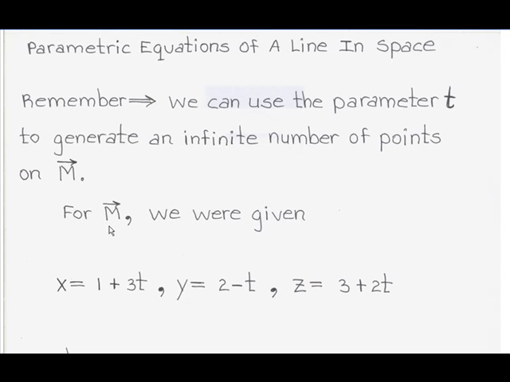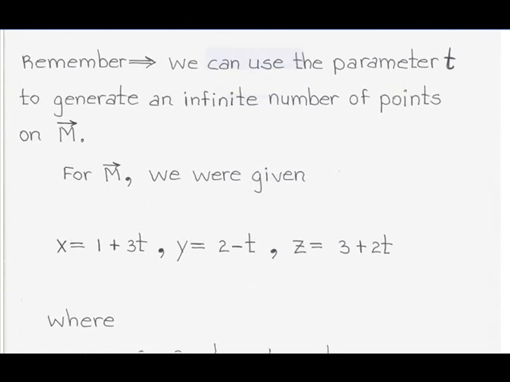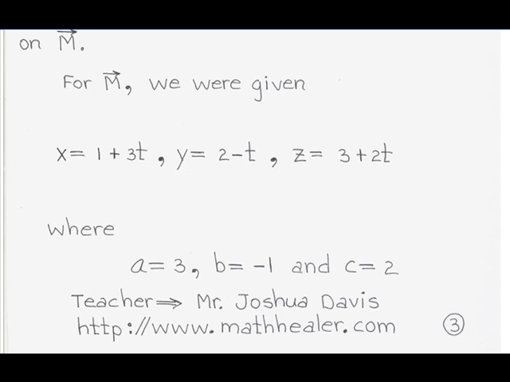For vector M, we were given the following parametric equations. Again, we were given that X equals 1 plus 3T, Y equals 2 minus T, and Z is equal to 3 plus 2T. So we were given that for vector line M. And now we have the direction vector of these parametric equations.